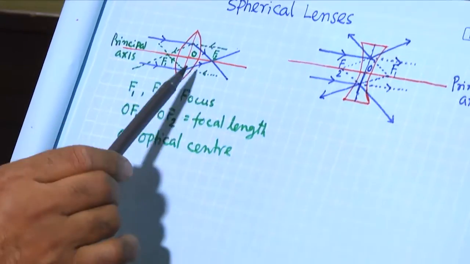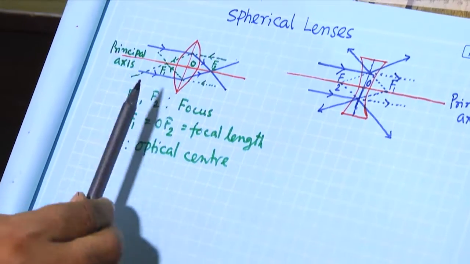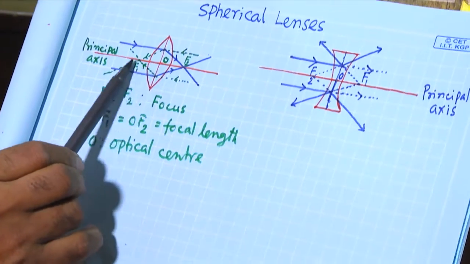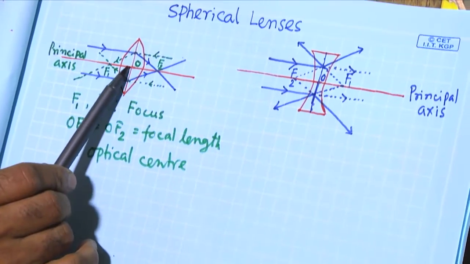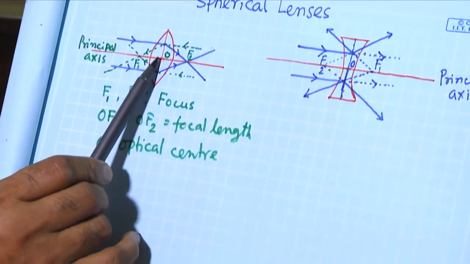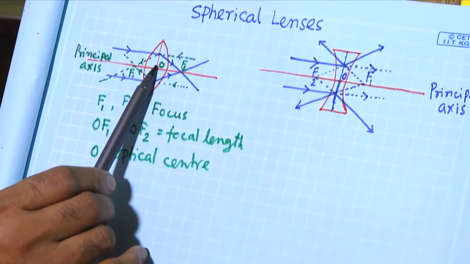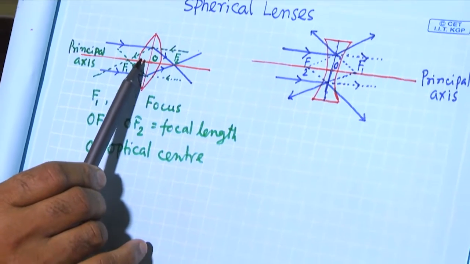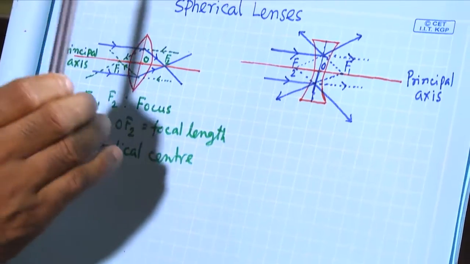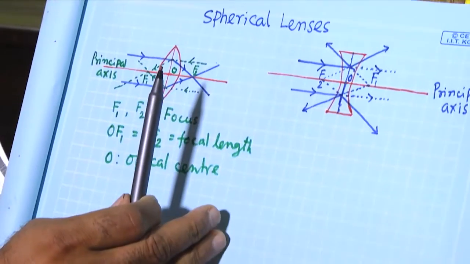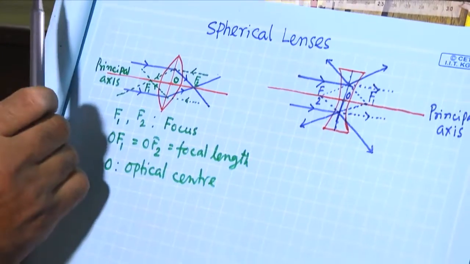If the curvatures are the same for both, then the focal length is OF1. Here O is the optical center, the middle of the lens. All distances are measured from this optical center O. In the case of a mirror, all distances are measured from the pole, P, which I did not mention.